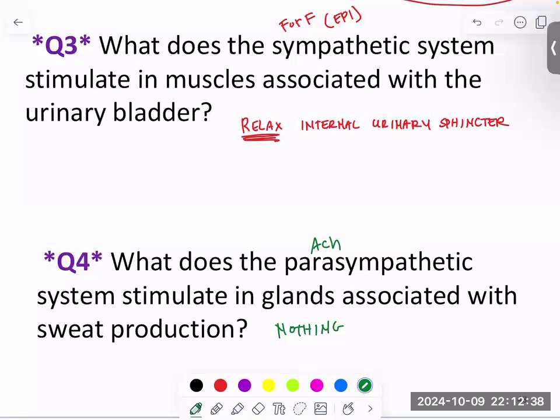I remember in physio, we get into more details in the autonomic nervous system. One student asked me, wait a minute, how is this system involved in sexual arousal? They're like, rest and digest.